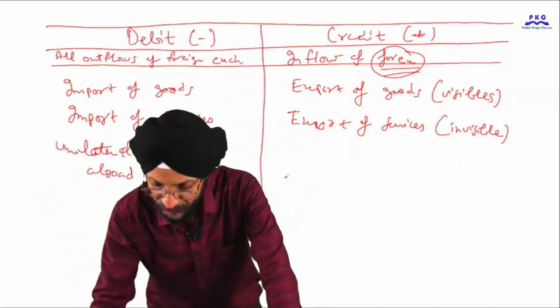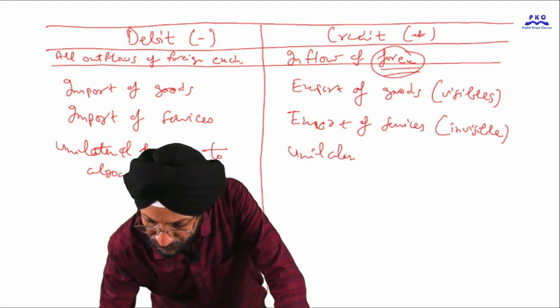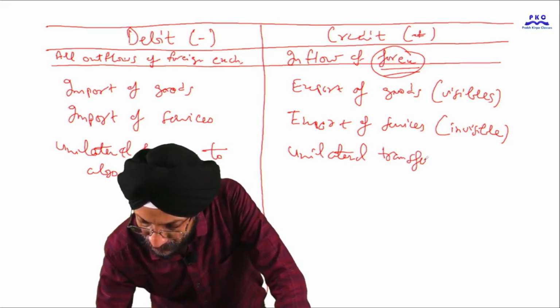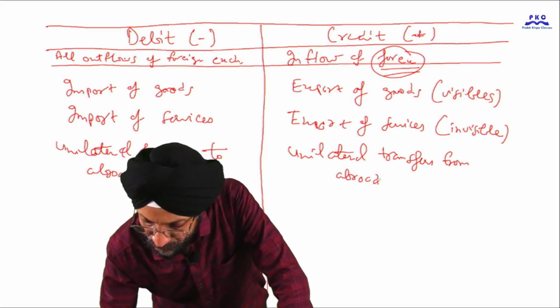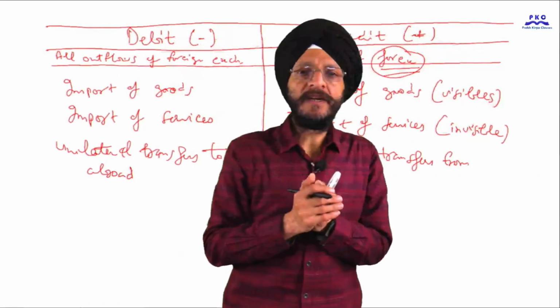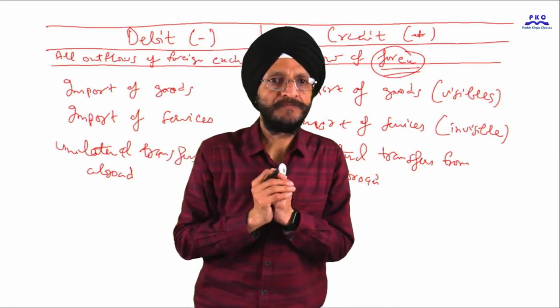But if we receive unilateral transfers from abroad, gifts, foreign aid, these are unilateral transfers.